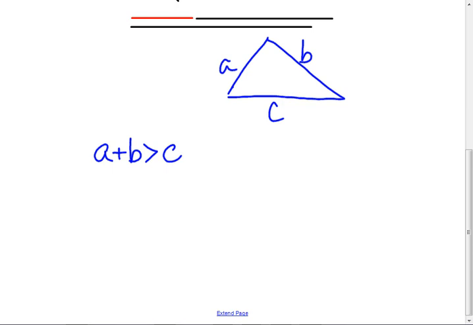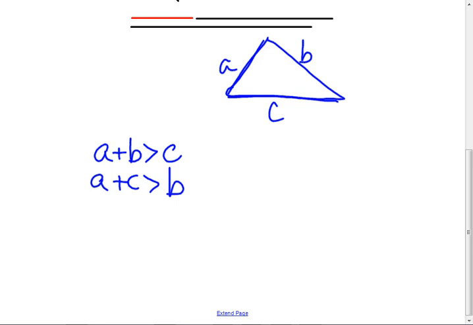Any 2 sides. TJ, what's another side? Where's your iPad? Get your iPad out. Sydney, what are 2 more sides? I did A and B, but there's 2 other combinations I can do. A plus C. I have to add these up, and that has to be bigger than B. 1 more choice. Anybody know what it is?